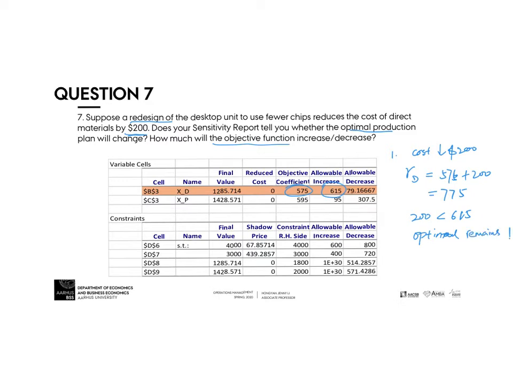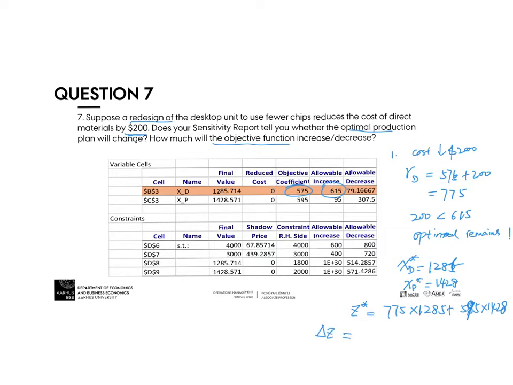Next, let's see if the objective function value will change. You still have the optimal solution, xd equals 1286.5 units if we round down, and xp equals 1428 units, and then the total contribution margin is 775 times xd plus 595 times xp.